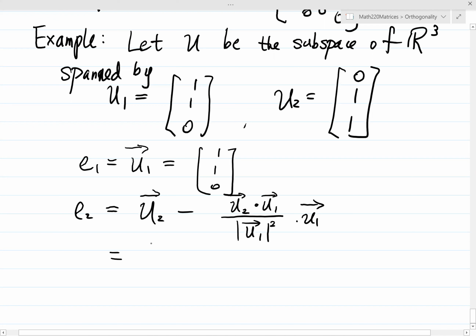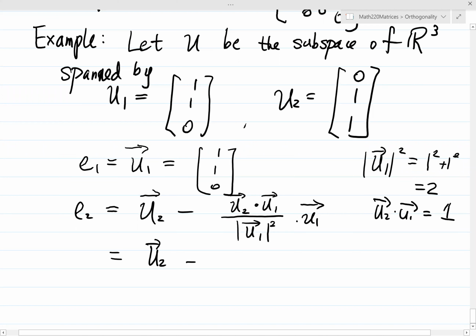Now this will be U2 minus this. This is very easy. U1 norm squared is the sum of the squared components, 1 and 1, so it's 2. Now U2 dot U1, you find this actually really easy, it's 1.